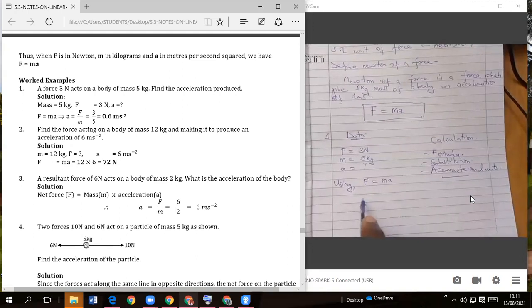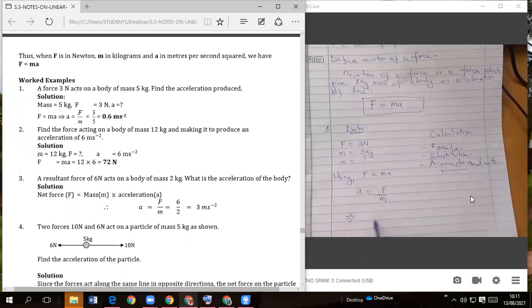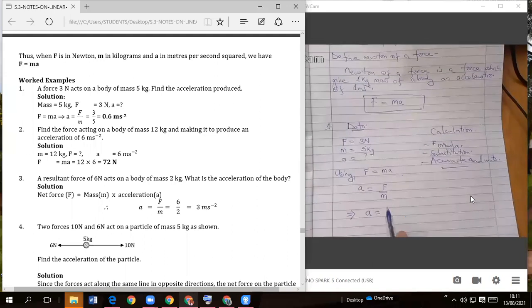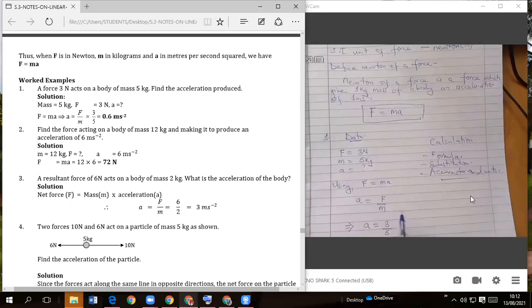So they want us to find A, so you first make A the subject. So A is equal to F over M. After that, A is equal to the force which is 3 divided by the mass which is 5.